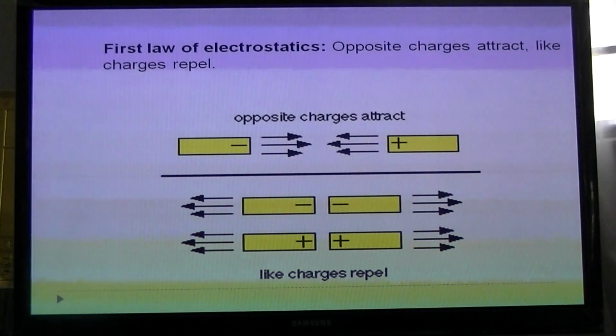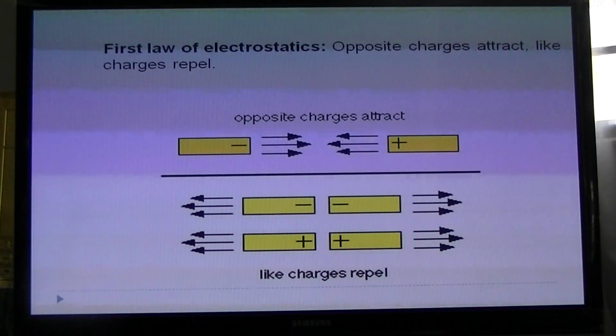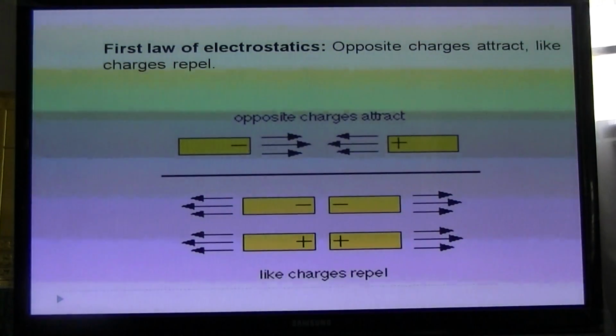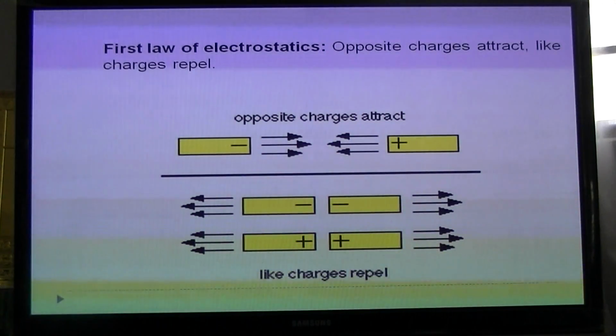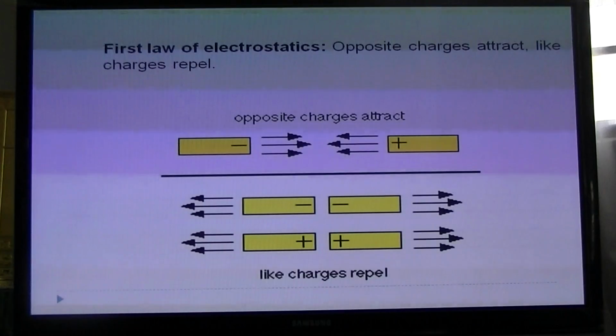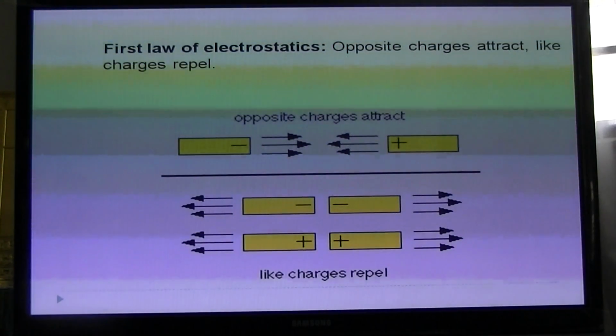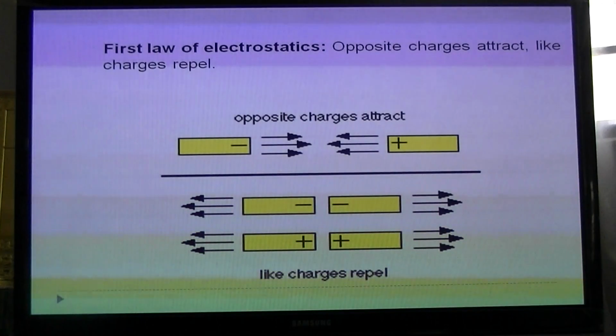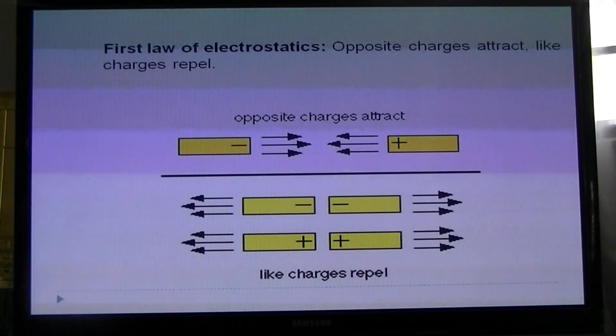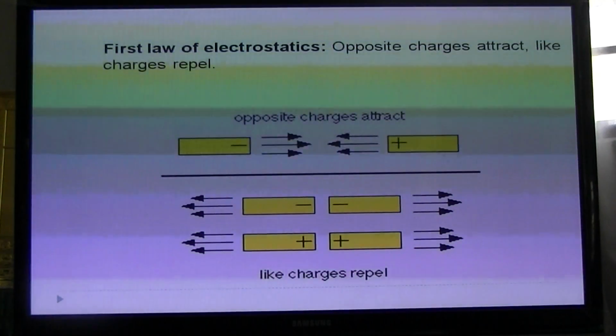The laws of electrostatics: opposite charges attract and like charges repel, like our example we showed before. This is almost the same principle as for magnets, the same principle for electricity. If we have a negative and a positive, they attract.